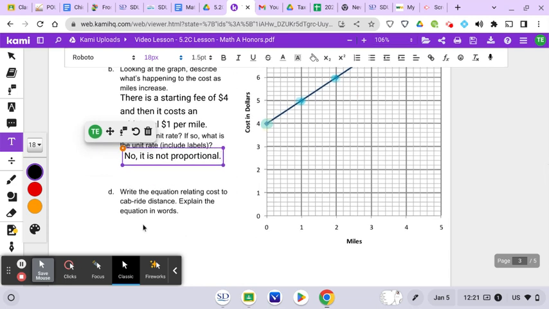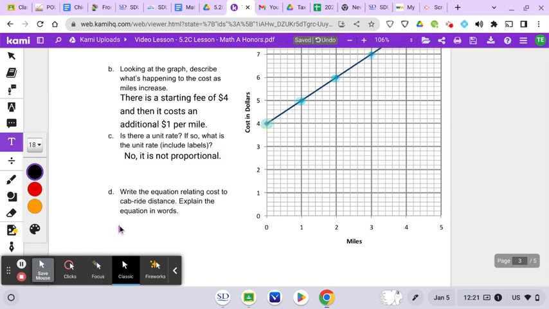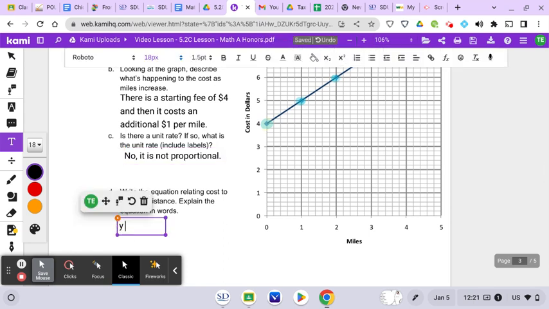Okay, so here we have a rate. It is $1 each mile you go up. It goes up $1. So it's $1 per mile. But you had to pay $4 to start. So there's an extra 4 on the end. Now we don't have to write the 1 in front of the x. It's implied. So we can just write y equals x plus 4.